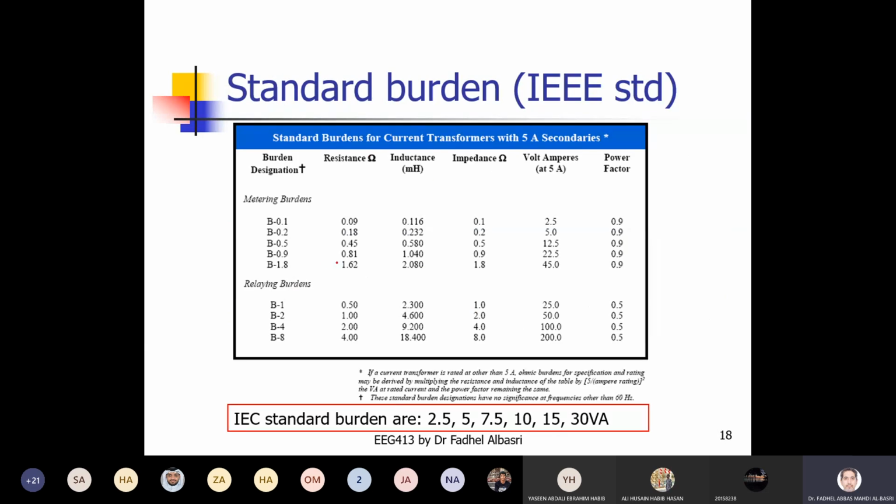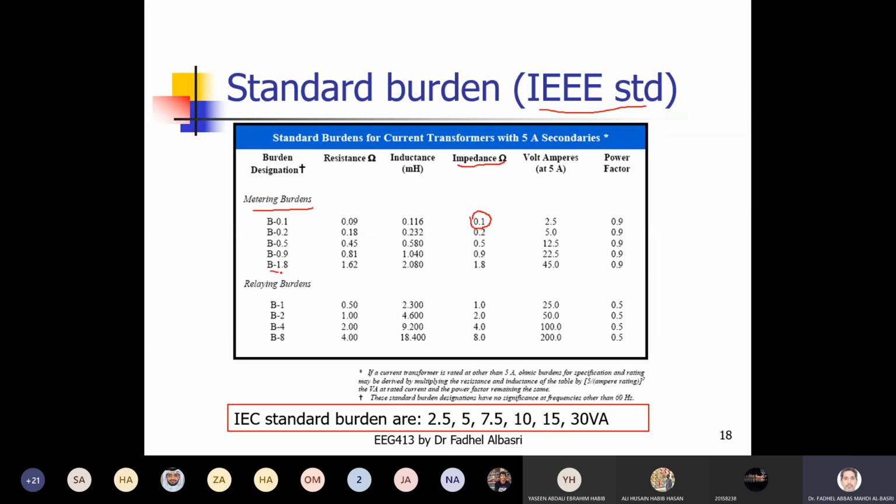This table shows you the standard burdens for metering application, and this is the IEEE standard. The burdens are given as B 0.1, which means 0.1 ohm, the burden impedance is a maximum of 0.1 ohm.